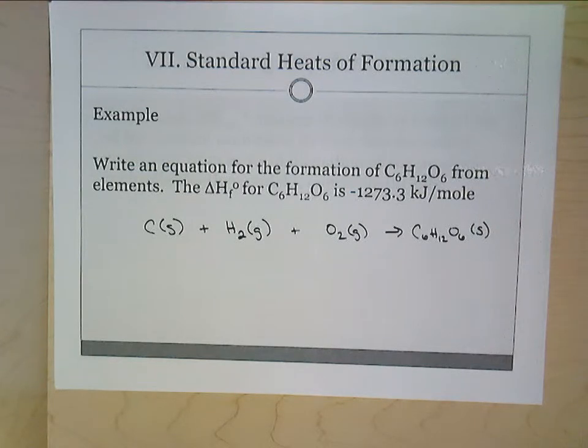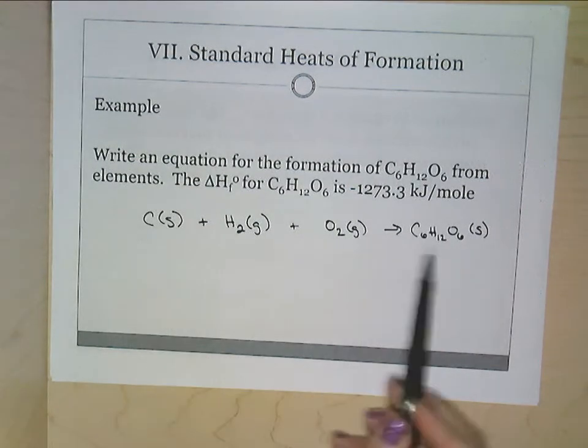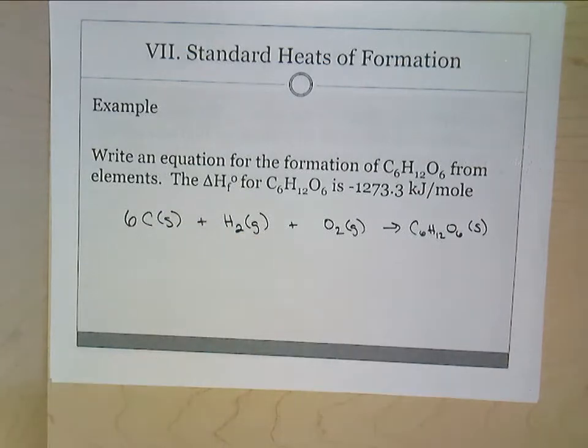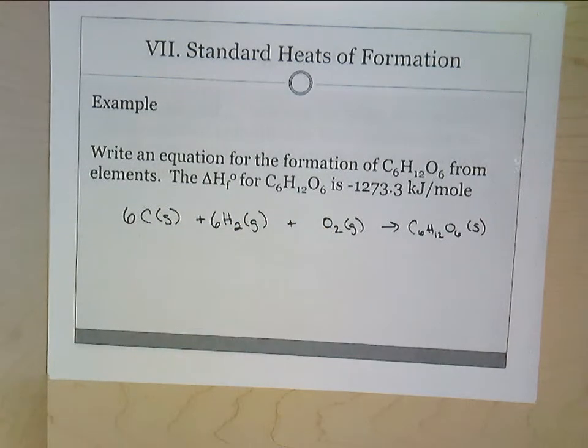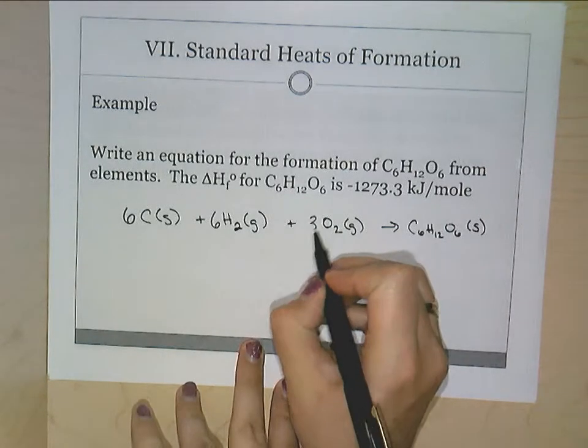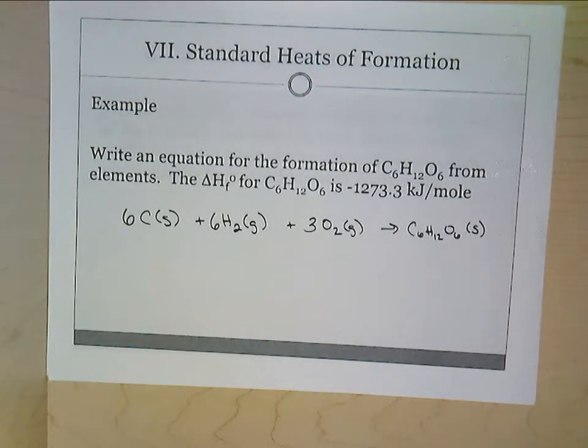How many carbons do I need here? I need 6. Then how many hydrogen gases? Then how many oxygens? That's all Mastering's looking for. Just want you to recognize that elements make compounds, and that's where the delta H formation comes from. It's like part A, like a several part question. Apparently that was very confusing to some people last year, so that's what they want.